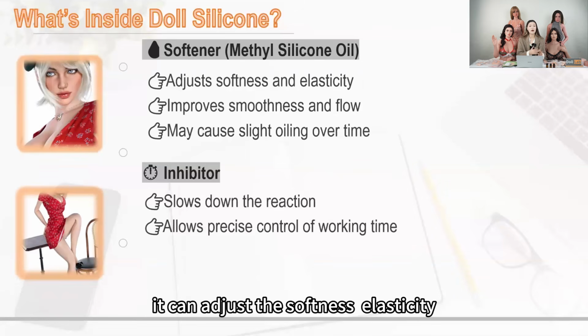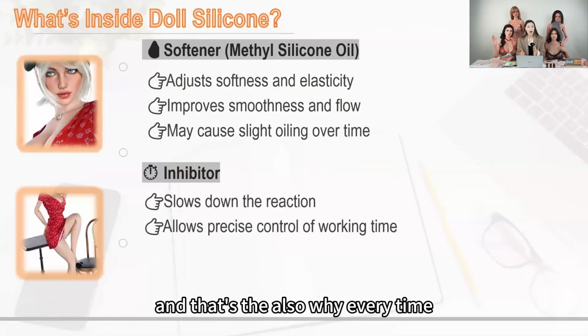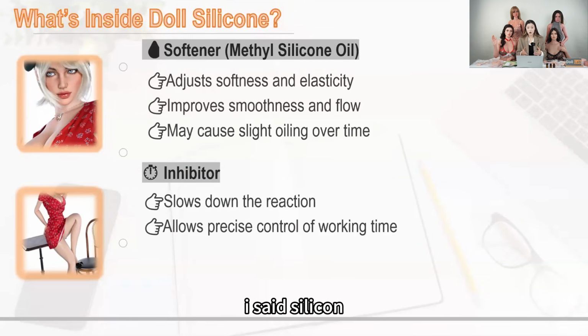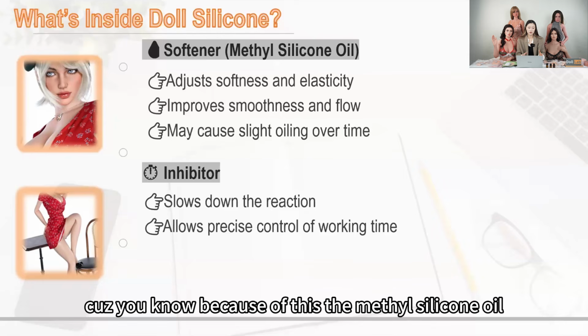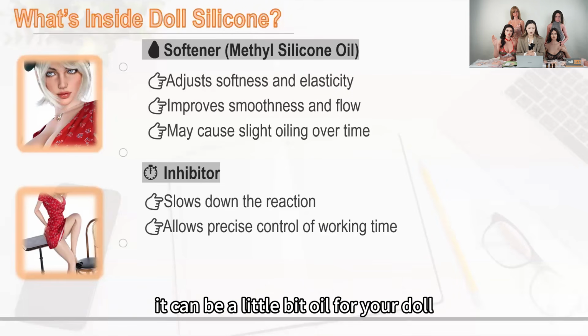It can adjust the softness and elasticity, and improve smoothness and flow, but it may cause slight oiliness over time. That's also why every time people ask for a recommendation, I say silicone is probably the most durable one, but it's also expensive. Remember to prepare baby powder as well, because the methyl silicone oil can make your doll a little bit oily.